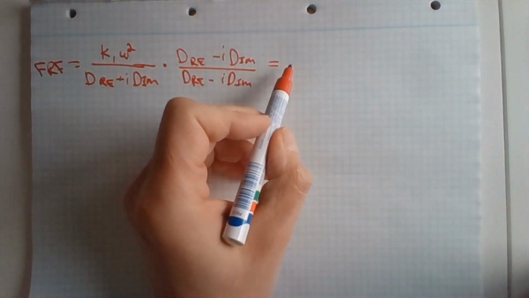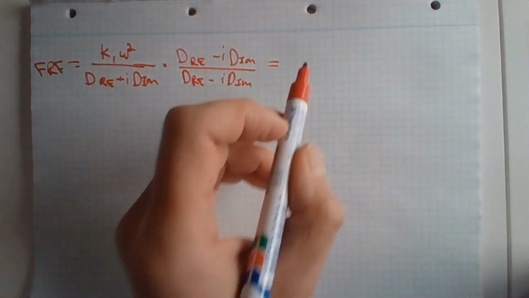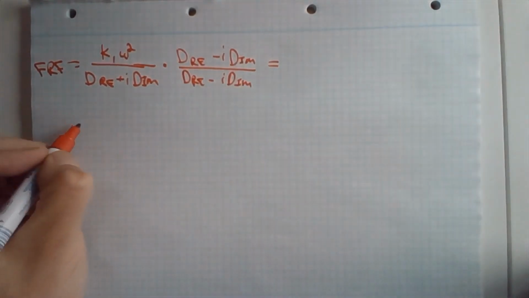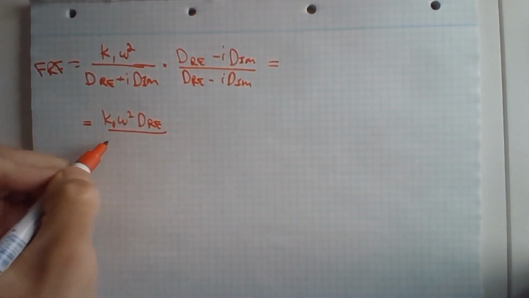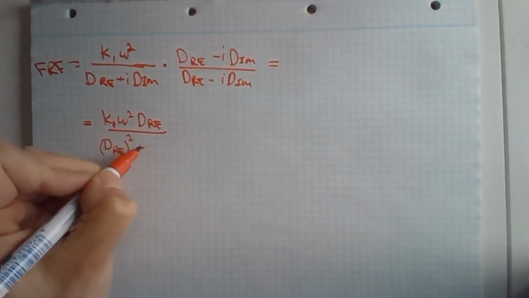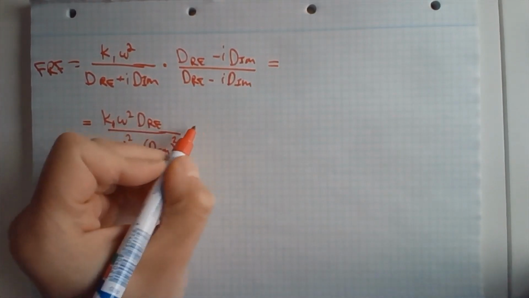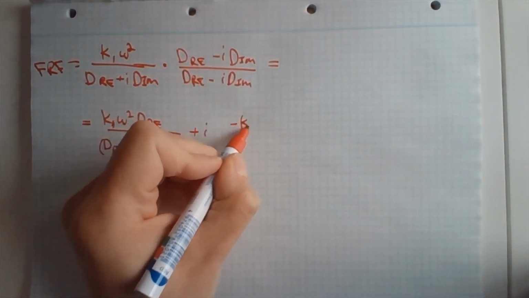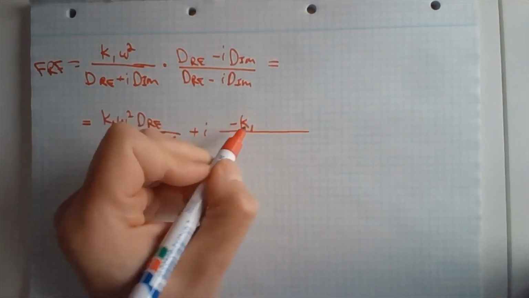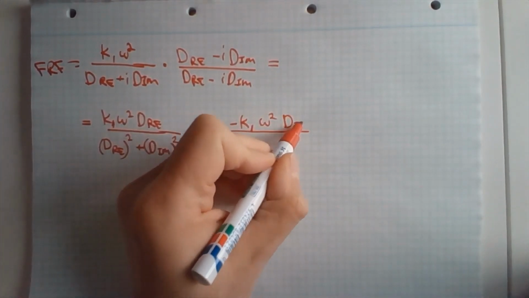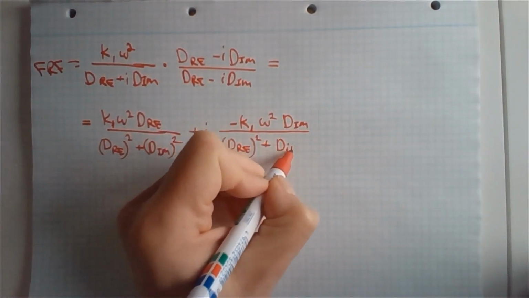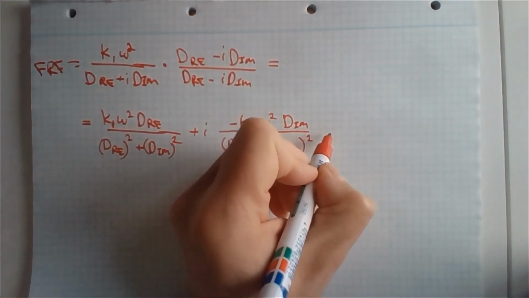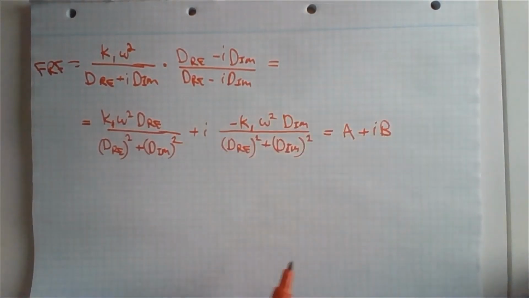And then if we carry out the multiplication, we get the following: K1 omega squared DRE over DRE squared plus DIM squared, plus I times minus K1 omega squared DIM over DRE squared plus DIM squared.